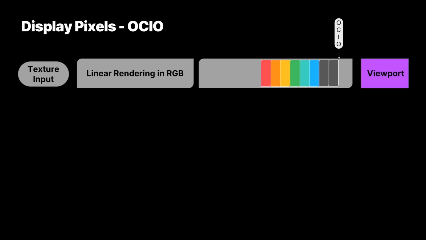Now there is another option. You can choose to use OCIO. That stands for OpenColorIO, and it's something you can read about because it's not something that we created. It is an open source project that is managed by the Academy Software Foundation. They have a number of configurations available that will allow you to do different kinds of transforms that you may want to do. When it's enabled, those last two steps are turned off.